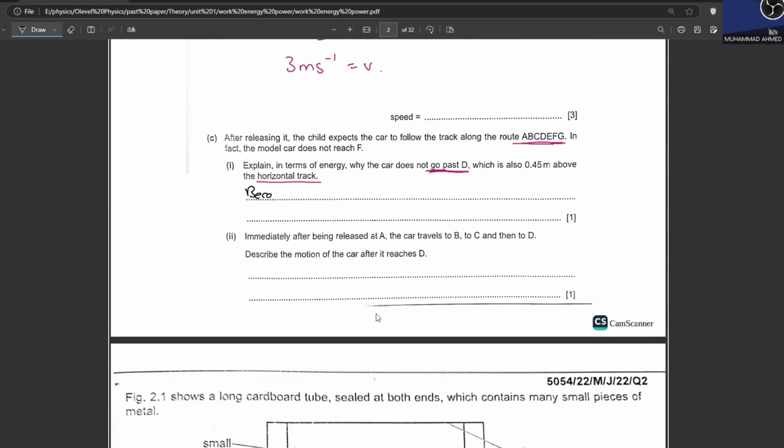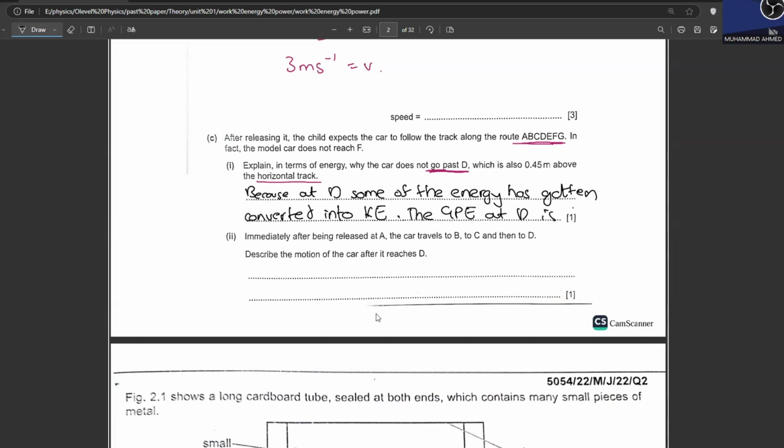Because at D, some of the energy has gotten converted into kinetic energy and hence it cannot go past D. Or you can say the gravitational potential energy at D is less. Simple. It's a one marker question. I hope this answer will suffice.